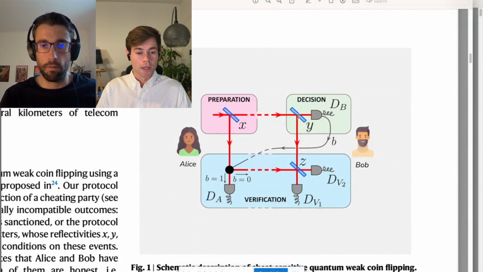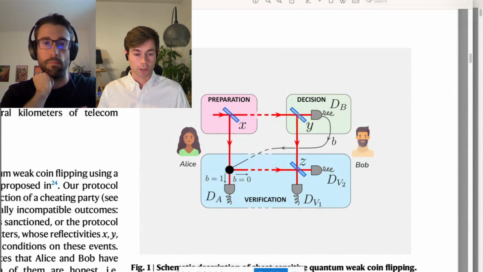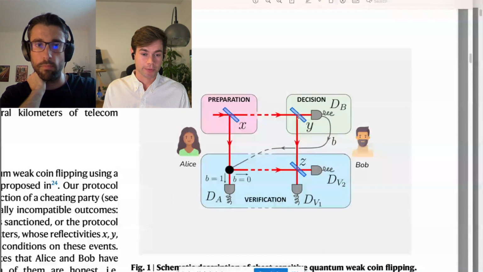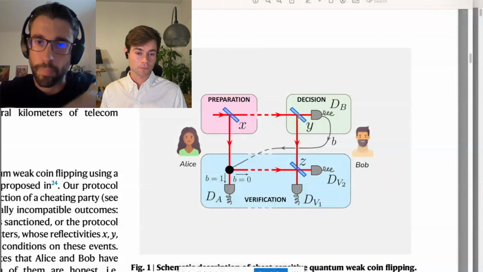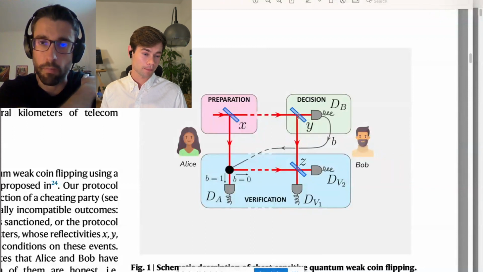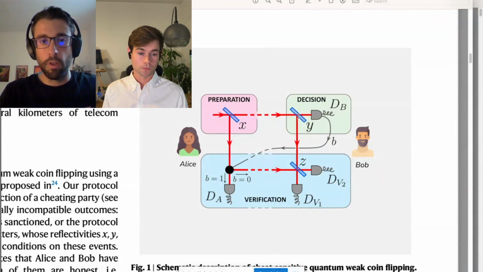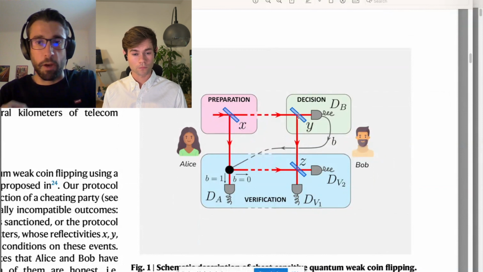If we talk about how the parties would cheat in this case, from a conceptual basis, we'll talk about how you can detect that in the results as well, but just from a strategic perspective, let's say you're Bob and you want to cheat, what would be your strategy? In the case of Bob, the strategy is pretty simple from the structure of the protocol. As you see, it's not a symmetric protocol because Bob is always the one declaring the outcome.